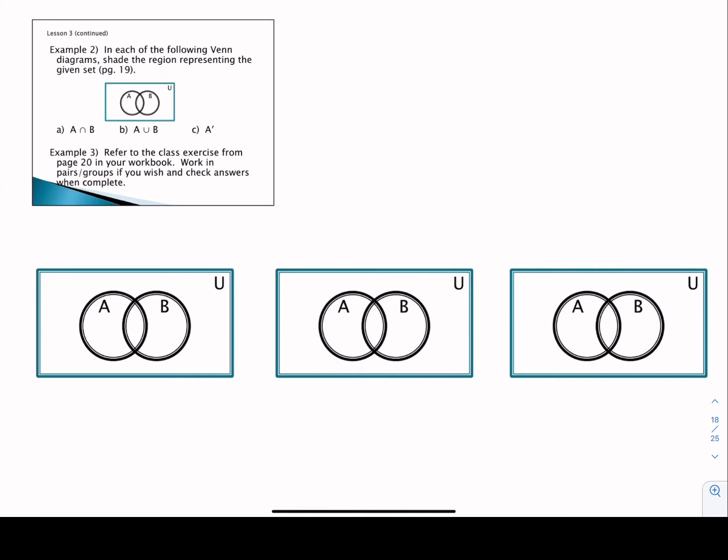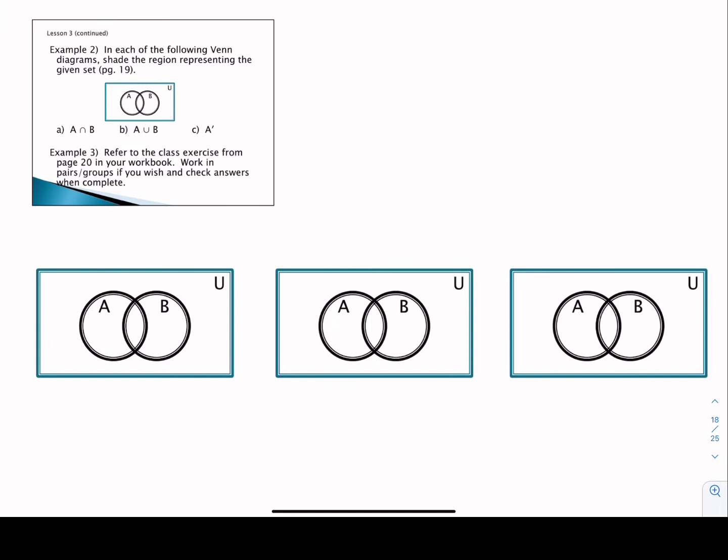So the next slide gives us an opportunity to shade in diagrams based on whether we see intersections, unions, or complements. So we see a picture that has been given to us. There's a universal set U, and then there are subsets of A and B. And we can see that A and B have some overlapping elements, so they have intersections between them.